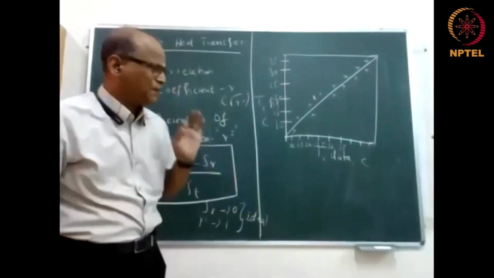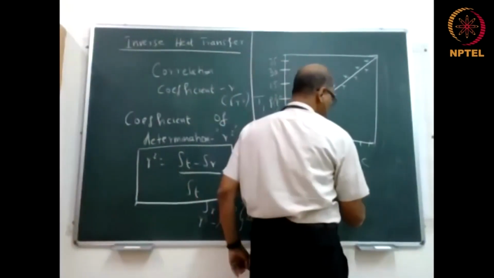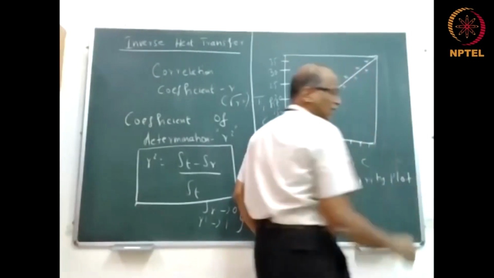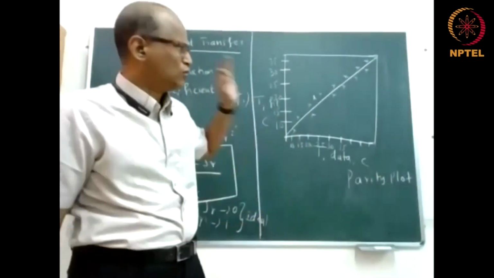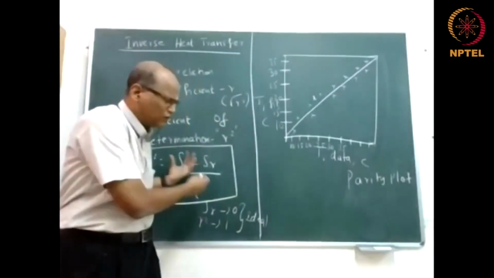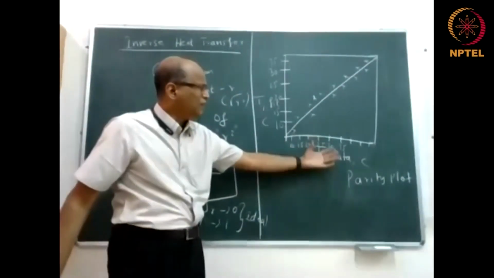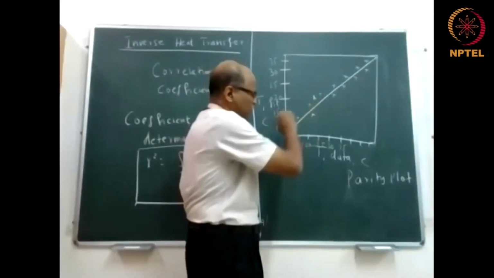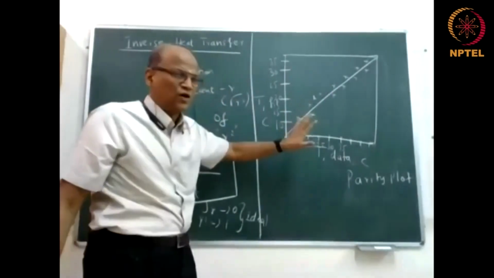So this is called a parity plot. After you develop a correlation, it is a good healthy practice to draw a parity plot. This will give you a visual idea. So this will give you a number, and this will give you a visual estimate of how the data are spread, how good the correlation is.